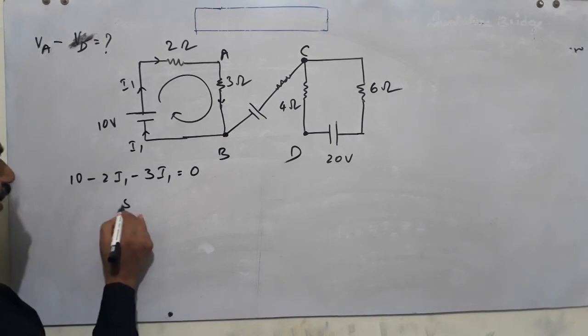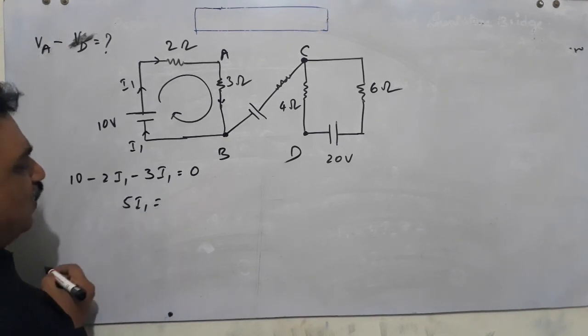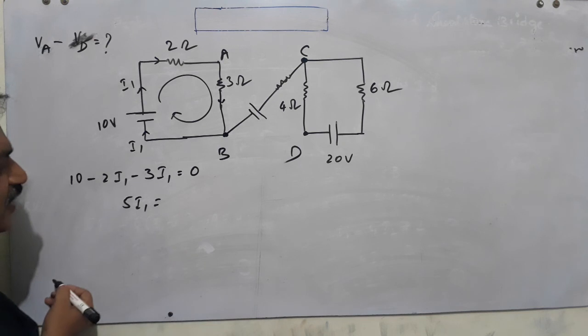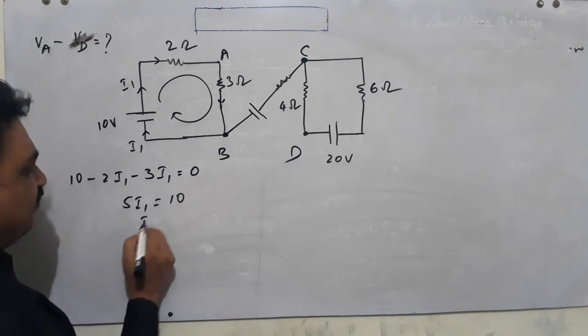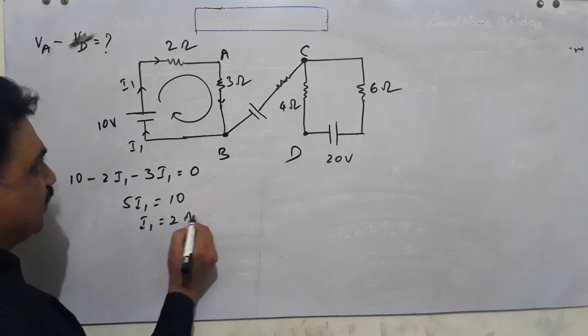See, from this you can take 5I1 is equal to how much? Here it is 5I1 is equal to 10 and I1 is equal to 2 ampere in this circuit.